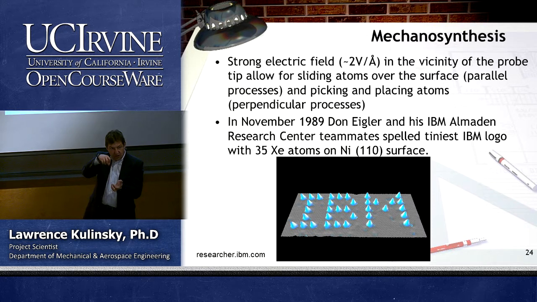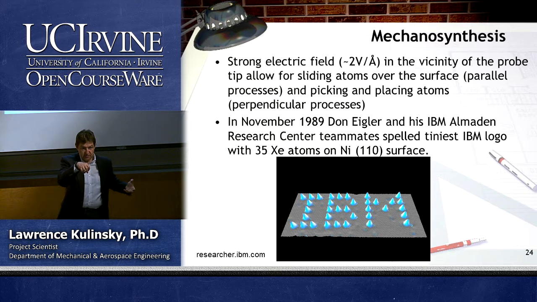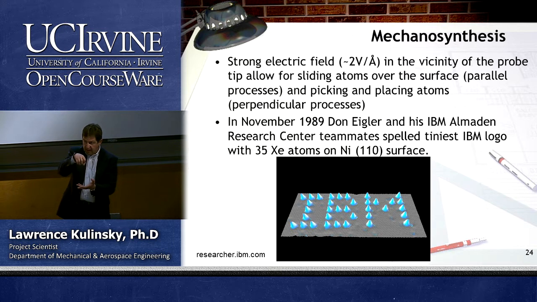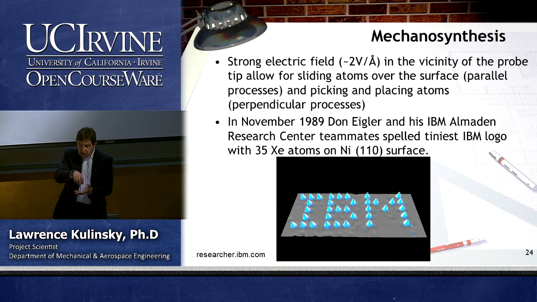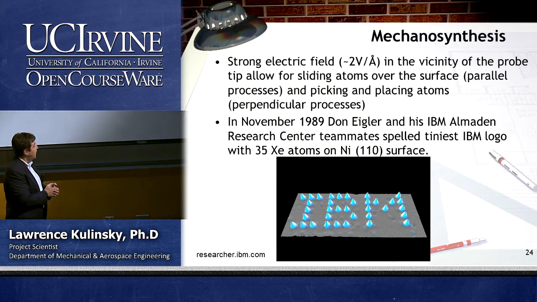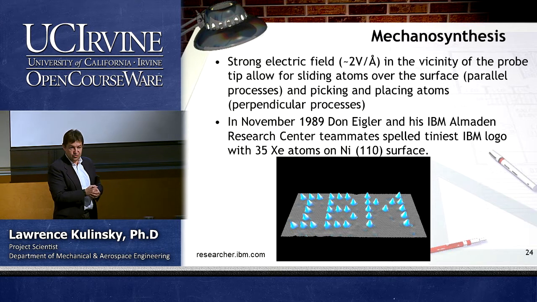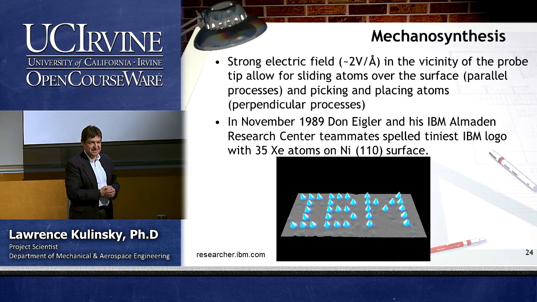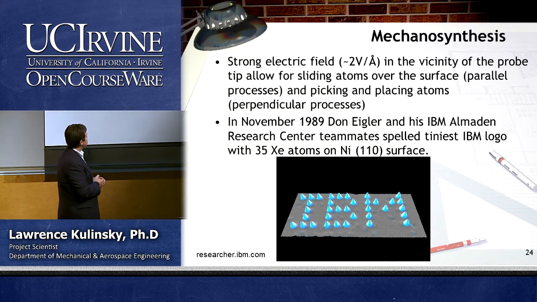So for example, you can take an atom off the xenon surface, substitute your nickel surface and put it down, and then use it to position individual atoms. So it took Don Eigler, the guy who actually did it, and his team, 1 week to put together this IBM logo, okay?